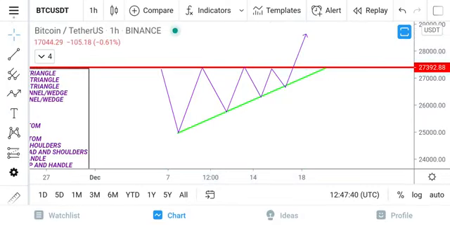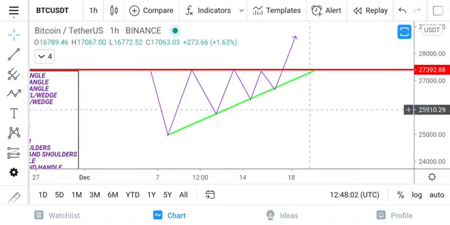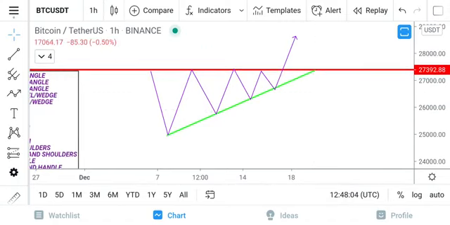So if the price is above, let's say, the 200 period, 50 period or 100 period moving average, that is an uptrend. You trade this chart pattern when the price is above the moving averages. That's when it is stronger. Let me explain more about this chart pattern.